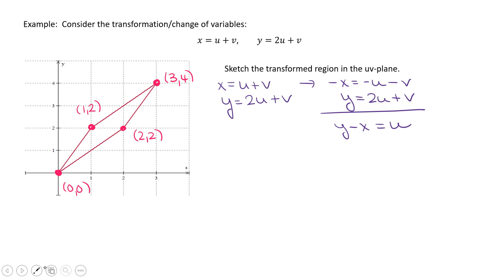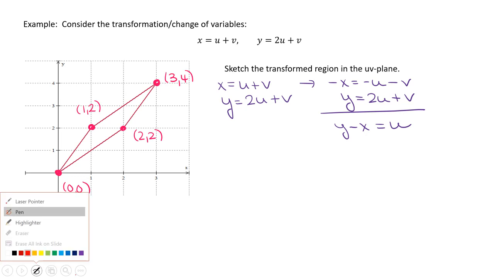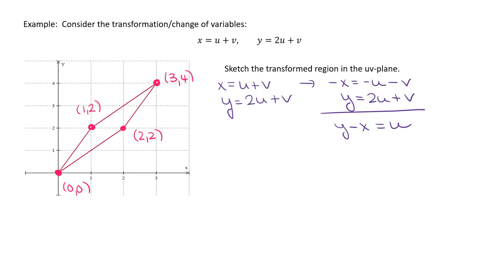The very first thing I'm going to do is try to get these equations solved for u and v. So I want an equation for u and an equation for v. I can think of this as a system of equations that was given to me, and I'm going to use the method of elimination to try to solve this system for u and then for v.